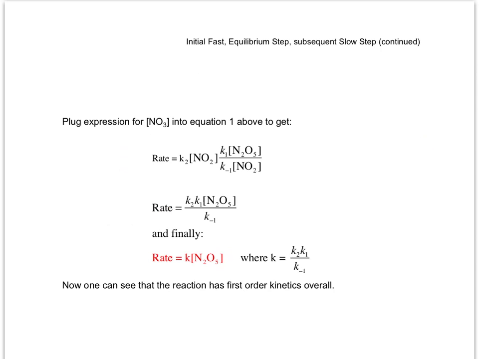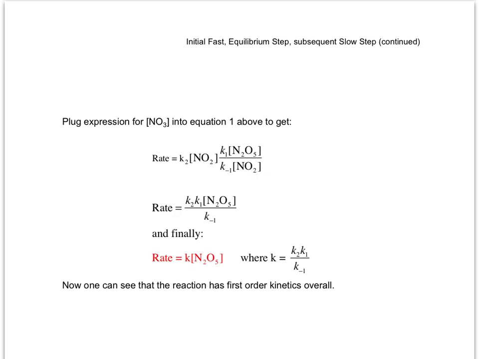We have rate is k2 [NO2], and then this is the NO3 right here. So NO3 is equal to k1 [N2O5] divided by k minus 1 [NO2]. So we just plug it all in. This is the equation for the rate of the slow step.